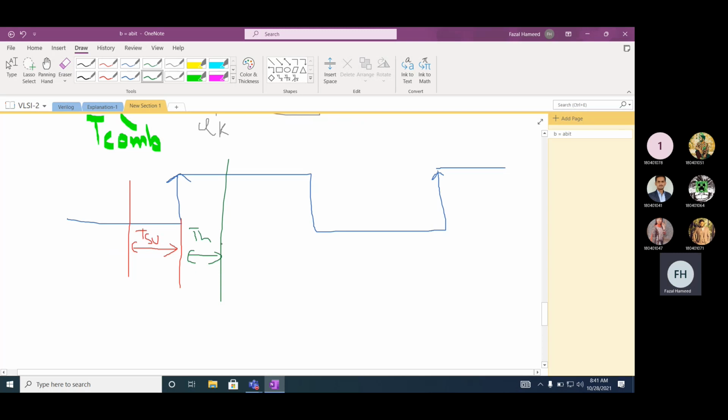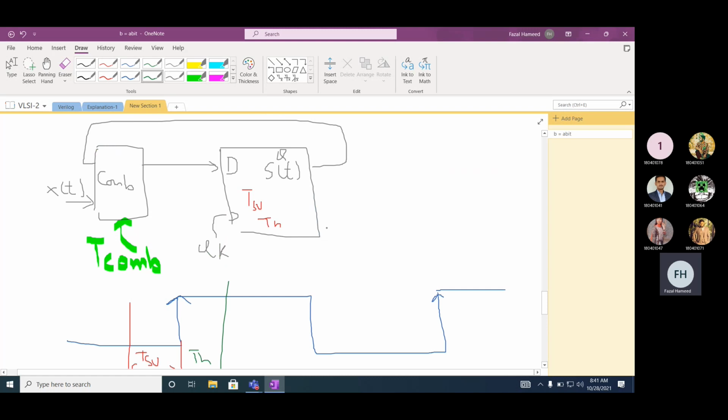During this window, these should be stable. Agreed? Yes. Okay.